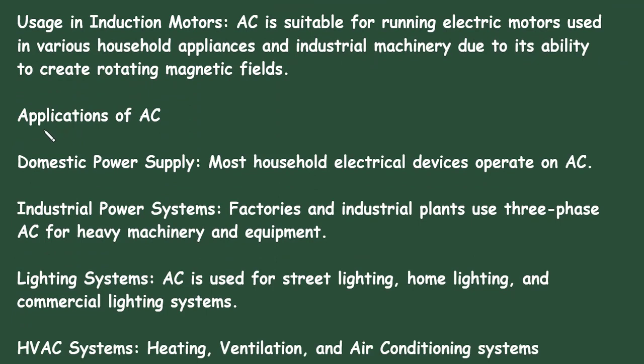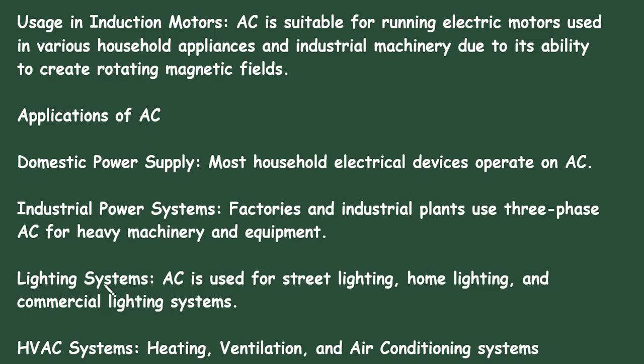Then next is applications of AC. Domestic power supply: most household electric devices operate on AC, as in our homes we use AC supply. Then industrial power systems: factories and industrial plants use 3-phase AC for heavy machinery and equipment.